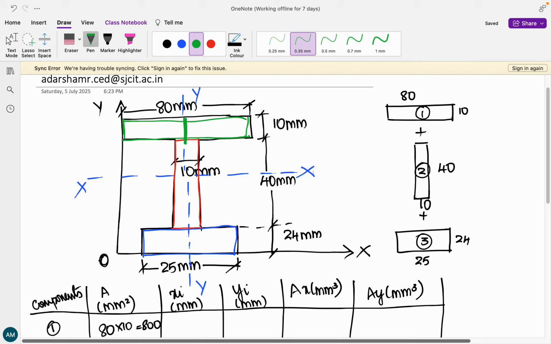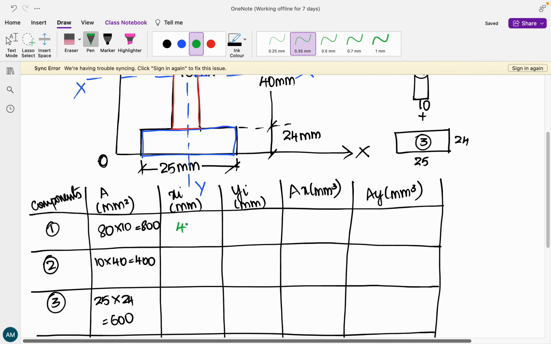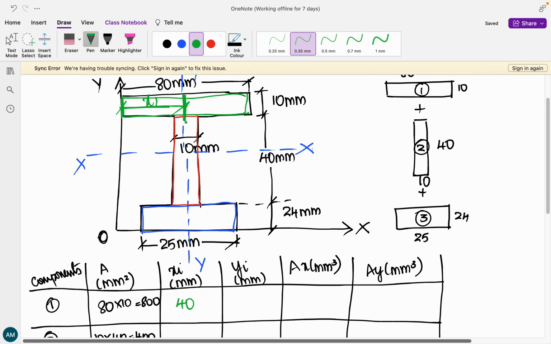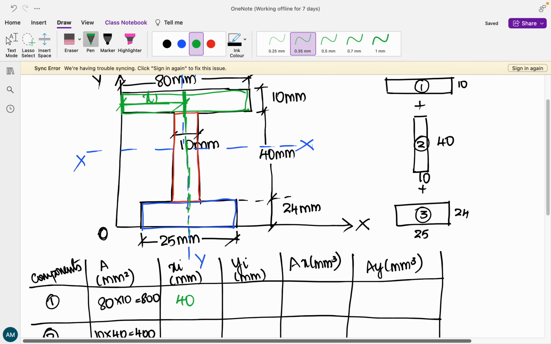Now coming to the first component, along the y-axis is where our centroid is going to be found. From this y-axis to the y-axis is going to be x1, that is 80 divided by 2, which is 40. The second component is this. Again, given that it is symmetrical about the y-axis, the xi value remains the same for all three components.